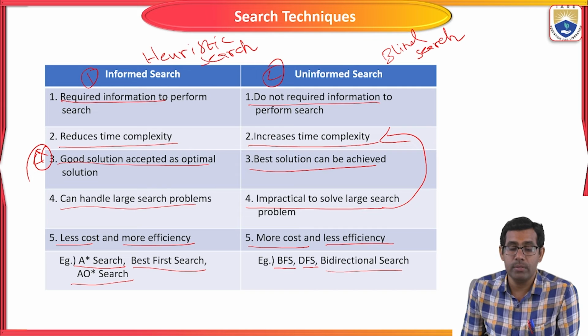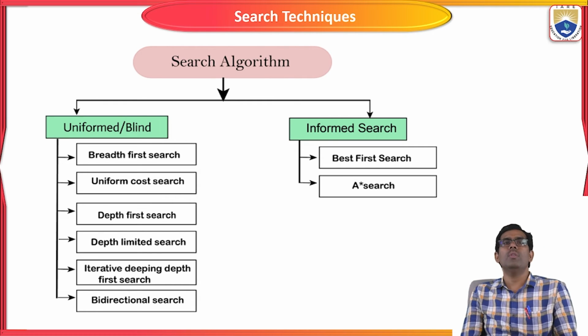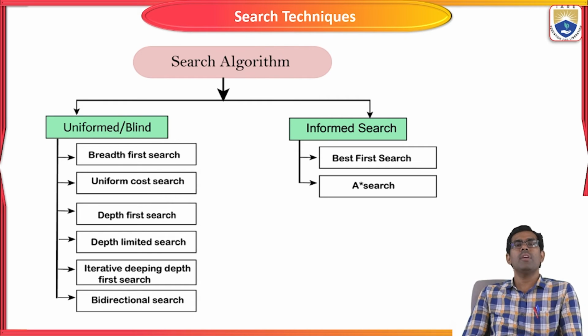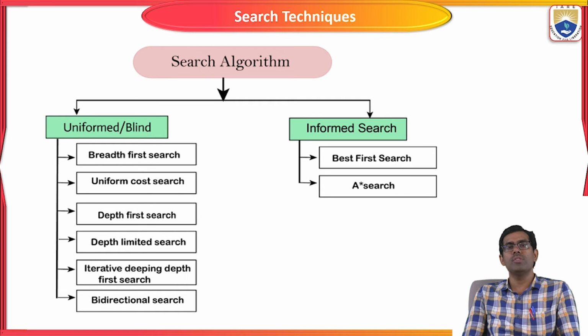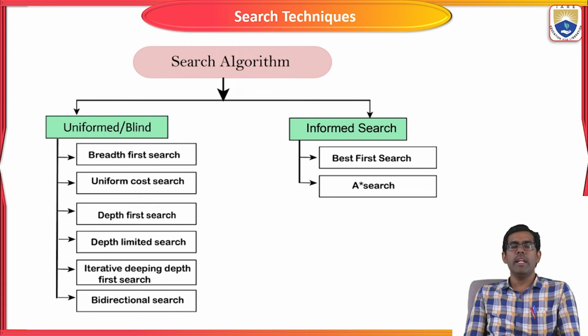So these are the two types of searching techniques, informed and uninformed. Next, we will see exactly which searching algorithms are available to solve particular problems using machine learning and artificial intelligence. Then we will see each one in detail in the next video.